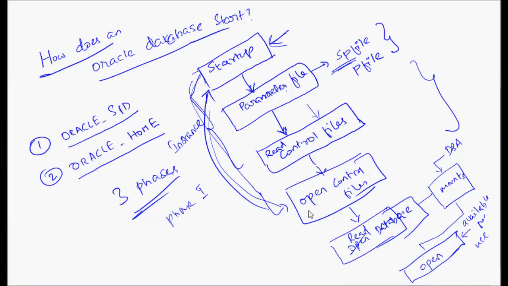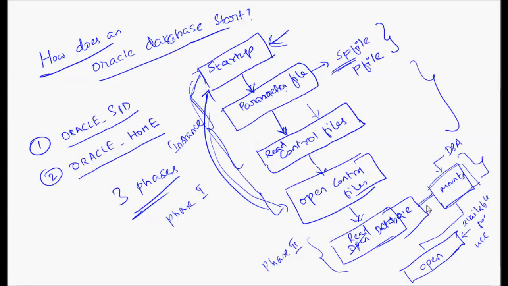After opening the control file, now the process knows where the database files are located. So it's able to read the database files and it mounts the database. From this point to the mounting point, this is phase 2.